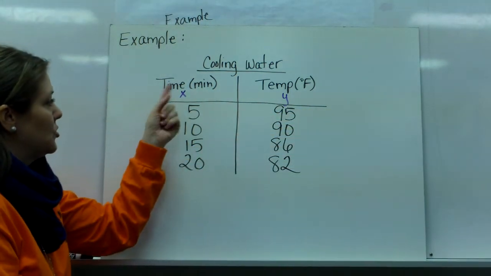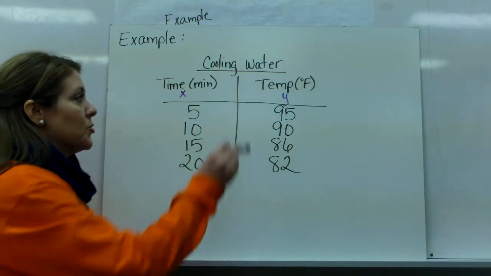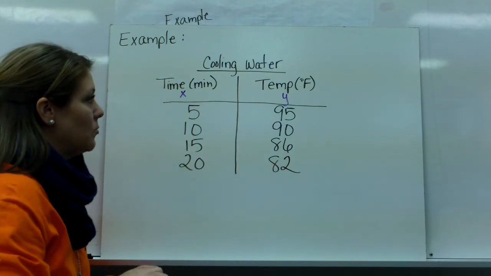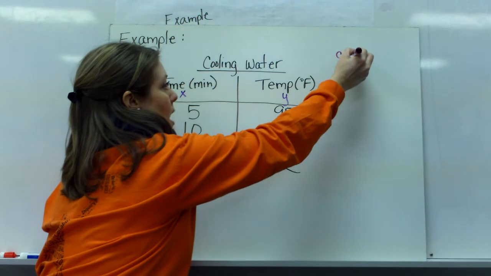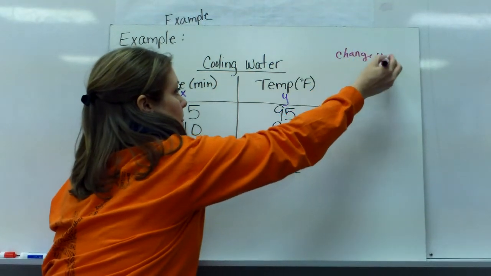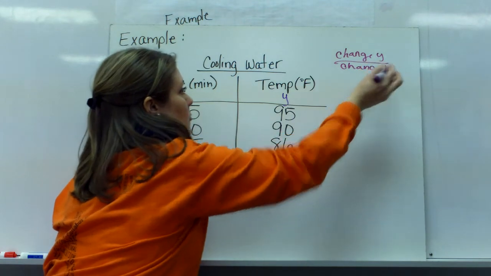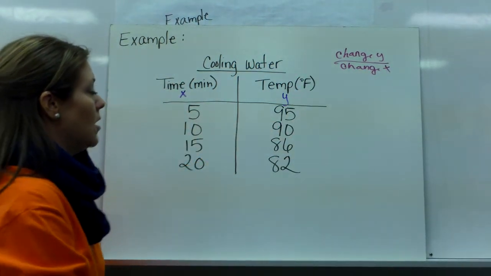Your time is your independent or your x variable. Your temperature is your dependent or your y variable. So remember that rate of change is the change in y over the change in x. So we're going to make ratios for each of these situations as we go along.